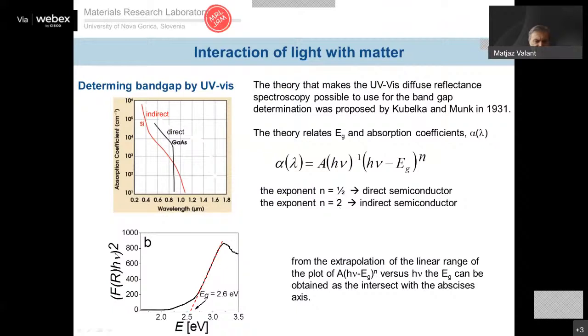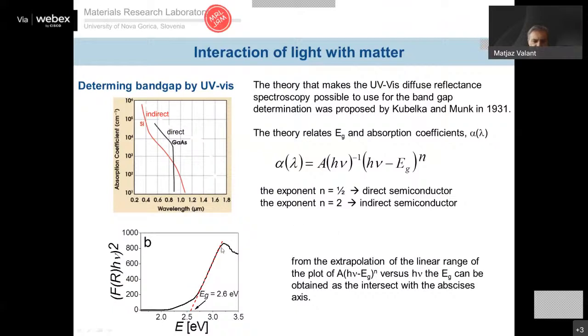One extrapolation will fit the measurement data. So from that we can distinguish whether the band gap is indirect or direct. If we apply the wrong exponent, we won't be able to fit.